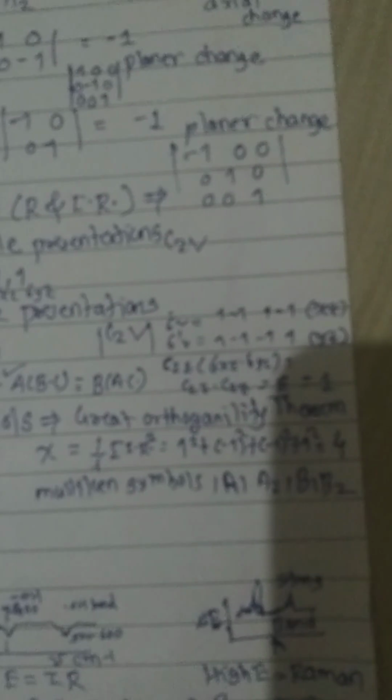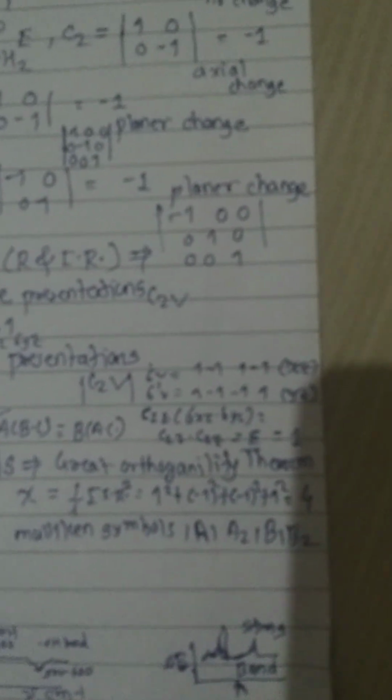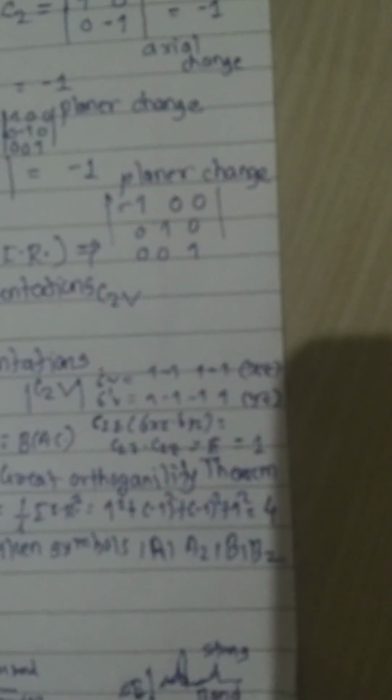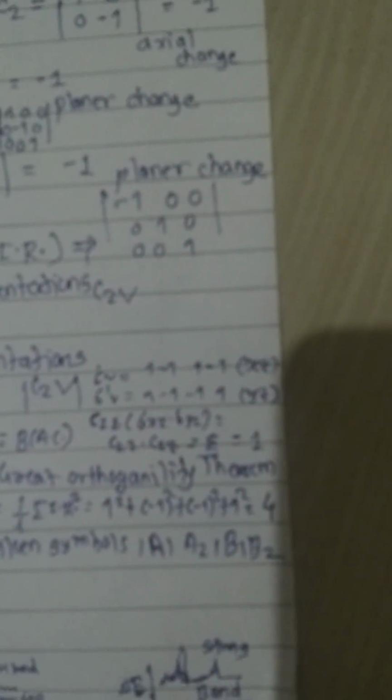For C2v there are 4. Why? Because when multiplied with the reducible presentation matrices of the symmetry elements, we get values like 1 squared plus minus 1 squared plus minus 1 squared plus 1 squared. So the total summation gives 4.